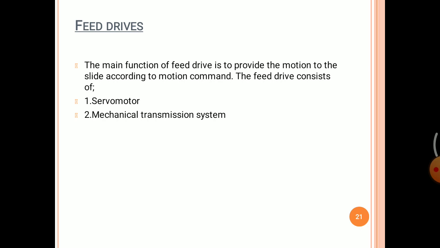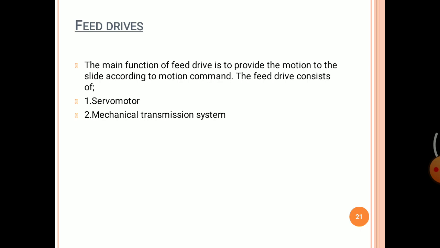That is the difference between other motors and the servo motor: we can control its speed and position by using sensors and a closed loop feedback system.